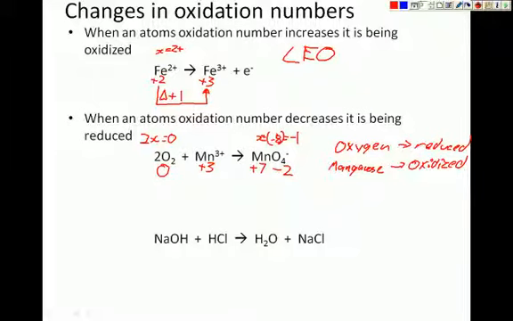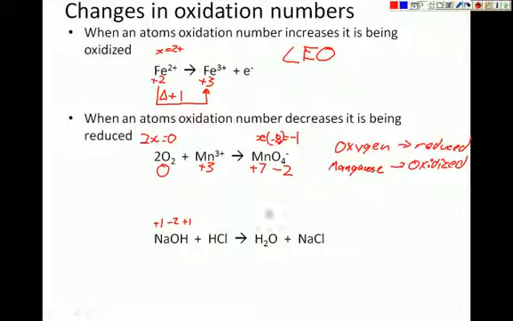Okay. Now let's take a quick look at this problem right here. We have Na, which is in column 1, and so therefore it has an oxidation number of plus 1. O has an oxidation number of minus 2, and H has an oxidation number of plus 1. And if you add all these up together, it equals 0, and that's what it is here.